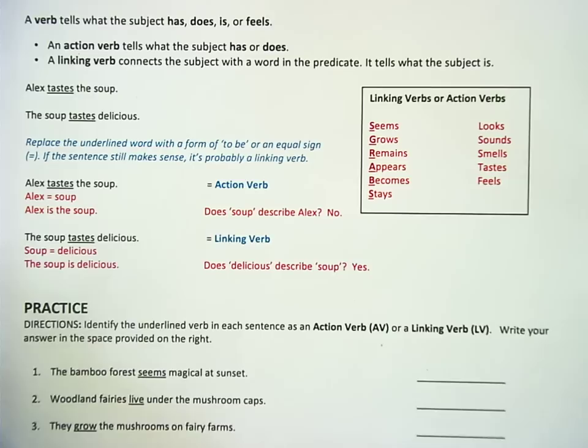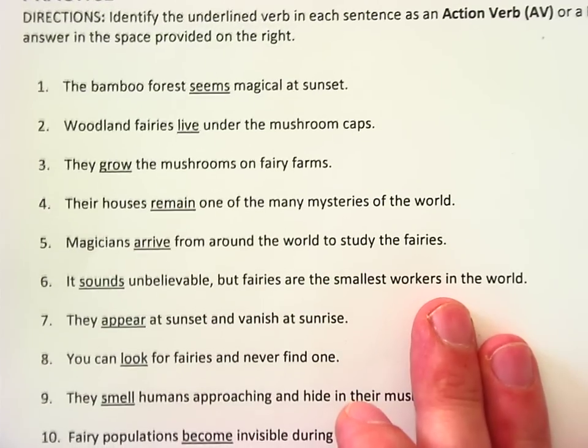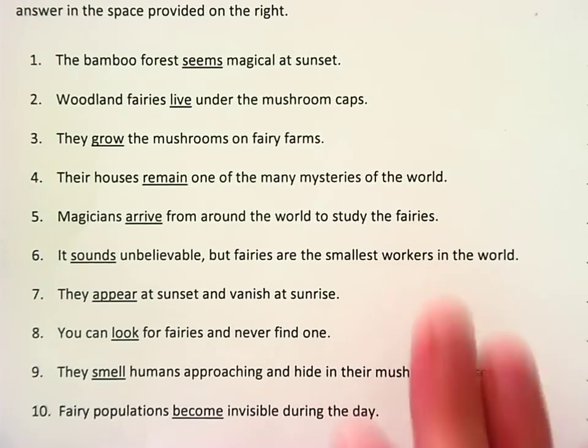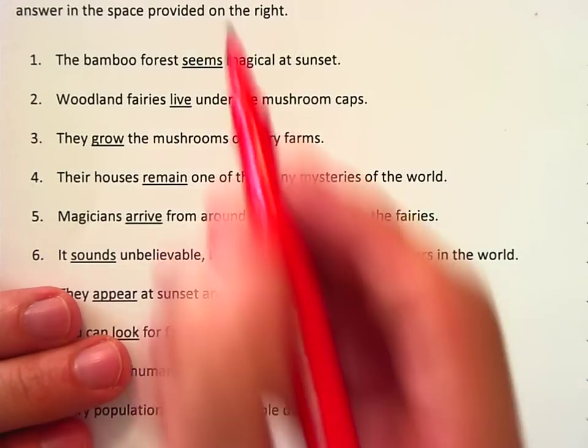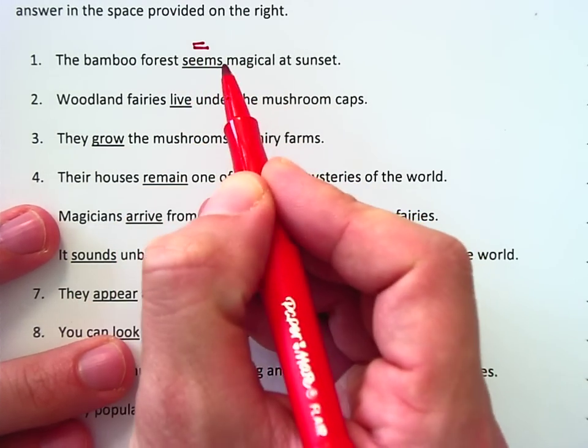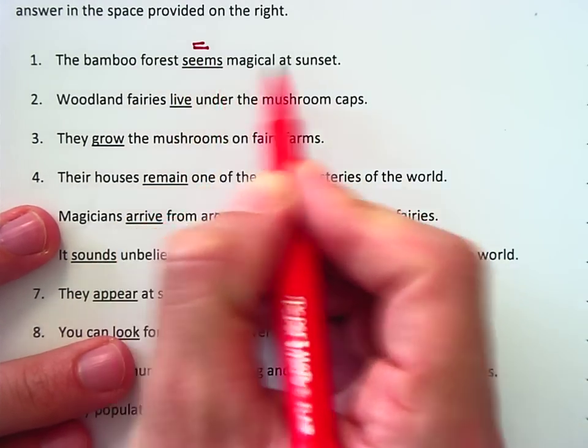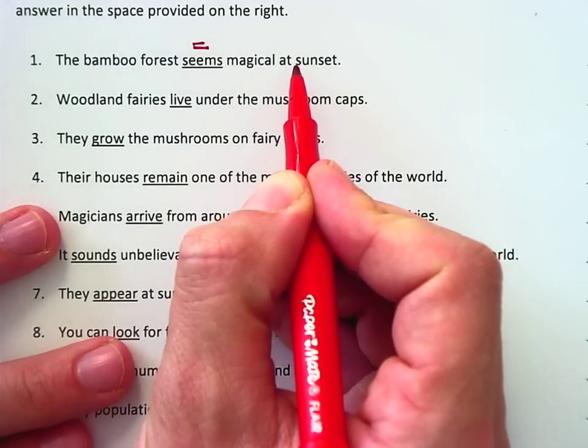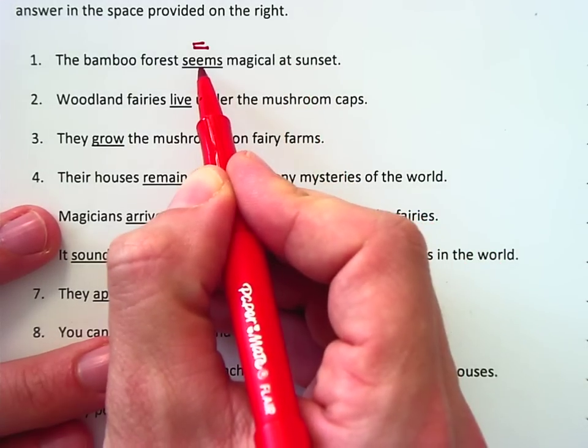Step 1. The bamboo forest seems magical at sunset. I know that the linking verb in this case is the word seems. The first thing that I'm going to do is take out the word seems and put in an equal sign. The bamboo forest equals magical at sunset. I can find the subject of the sentence by asking what or who seems.